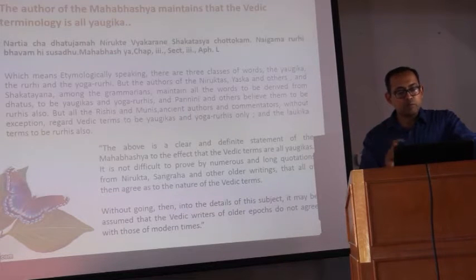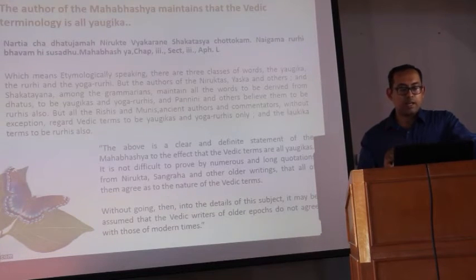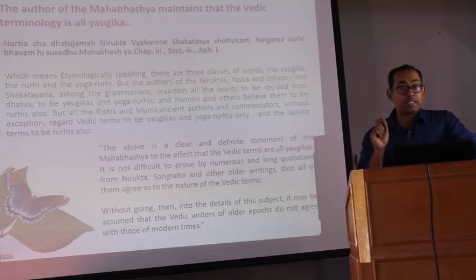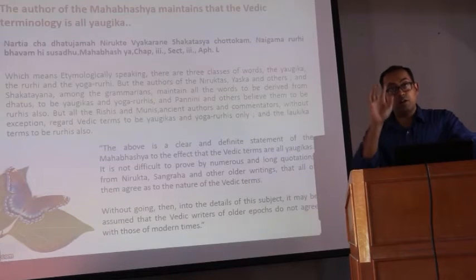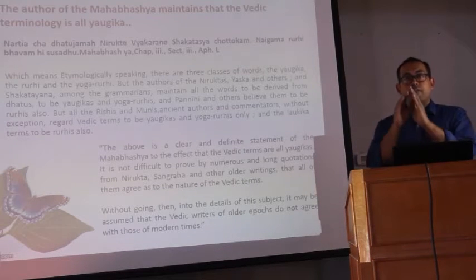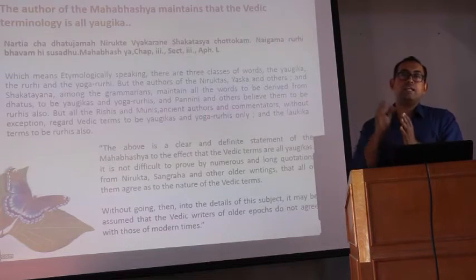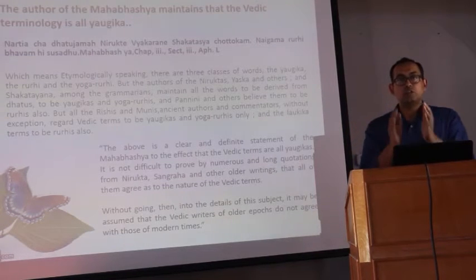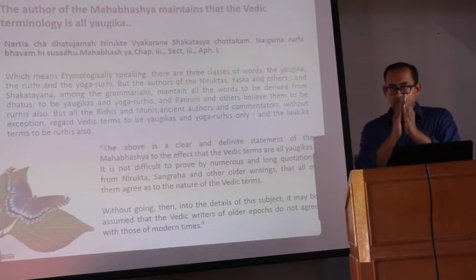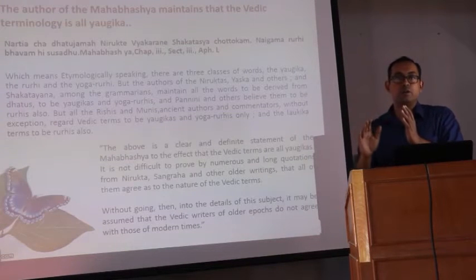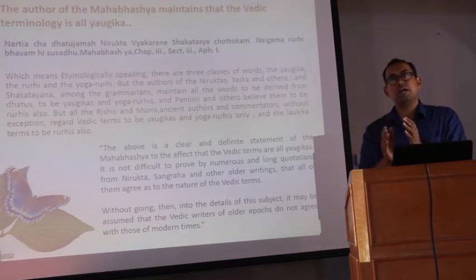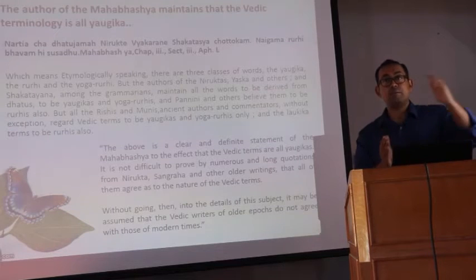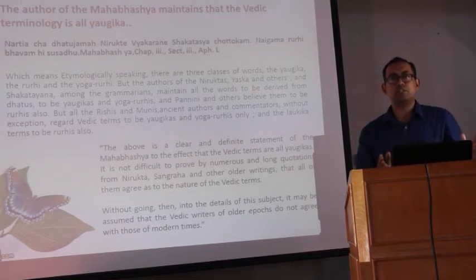But all the rishis and munis, ancient authors and commentators, without exception, regard Vedic terms to be yogic and yog Rudi only, and the Laukic terms to be Rudi only. So imagine, everyone is saying that even if it is a Rudi, it is basically yogic. So there is nothing like Rudi or proper noun in the interpretation of Vedas, if you go by the ancient grammarians or any of the Hindu scriptures.